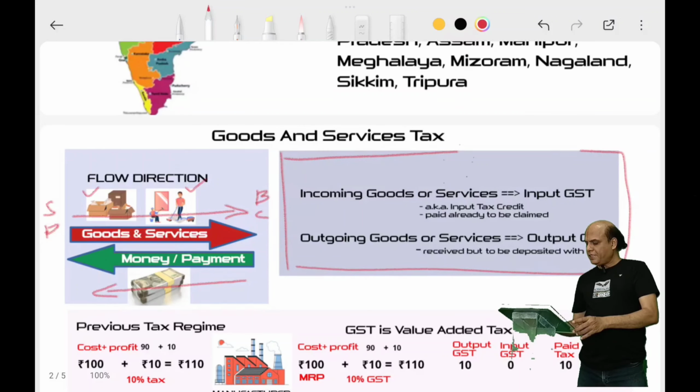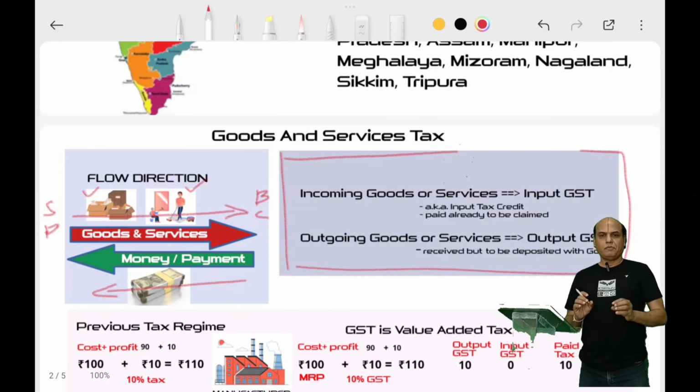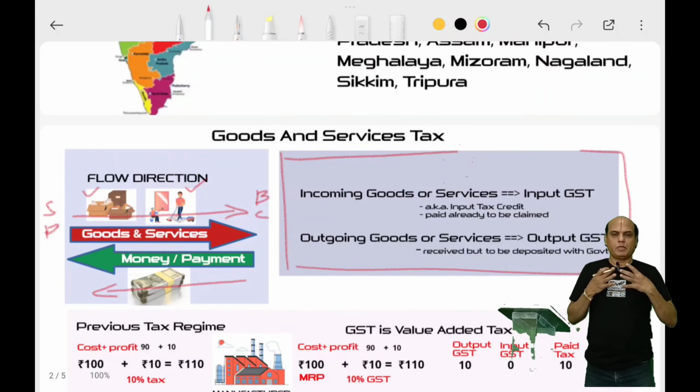Input GST is in the direction of flow of goods and services. Output GST is against the direction of flow of goods and services. Whichever direction they are moving, from the perspective of the taxpayer, if the goods are moving out from me, it is my output GST. If the goods and services are moving in towards me, it is input GST.